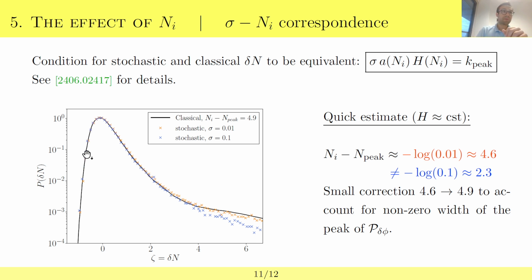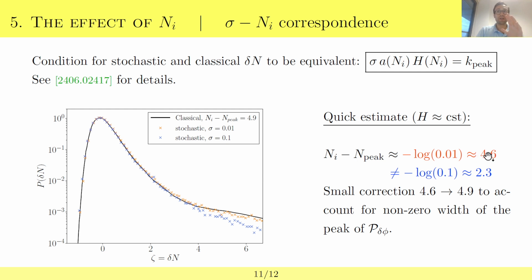So the orange crosses here are the PDF for zeta or delta N computed in the stochastic delta N formalism with a sigma of 0.01. In order to reproduce this result with classical delta N, which is what is done in the black line, I should take the N_i for the classical calculation to be minus log of sigma, in this case minus log of 0.01, e-folds after N_peak, which is the horizon crossing of the peak of the power spectrum.